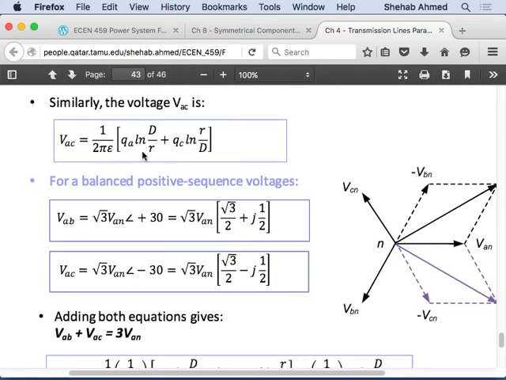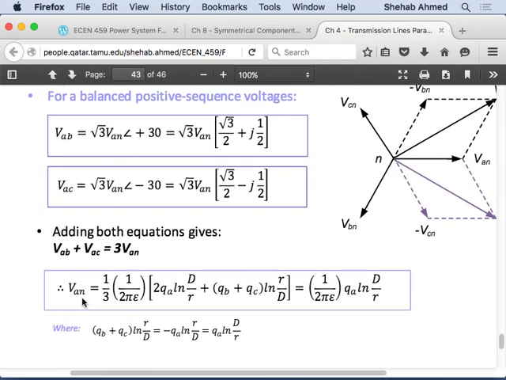So this is the voltage between two conductors, and from calculating two line voltages, I can calculate the corresponding phase voltage. You end up with this simple equation, right? 1 over 2 pi epsilon, QA over natural log D over R. This is the voltage between conductor A and the ground, right?